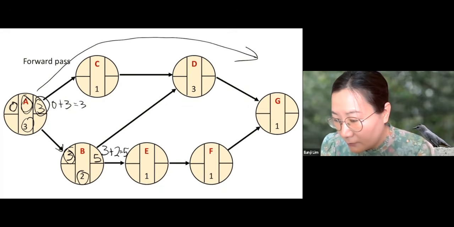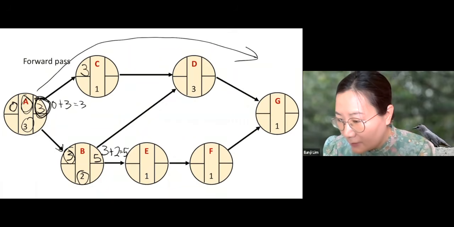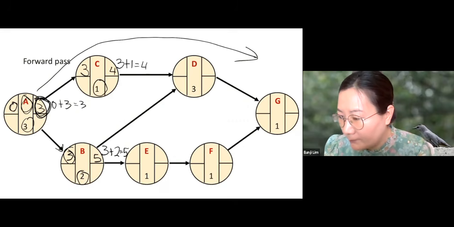Now, let's go to C. When is the earliest start time of C? We can start working on C as soon as A is over, and A is over at 3, so you can start C at 3. When is the earliest finish time of C? If you start working on C at time 3, the duration is 1, so we can finish this by 4.